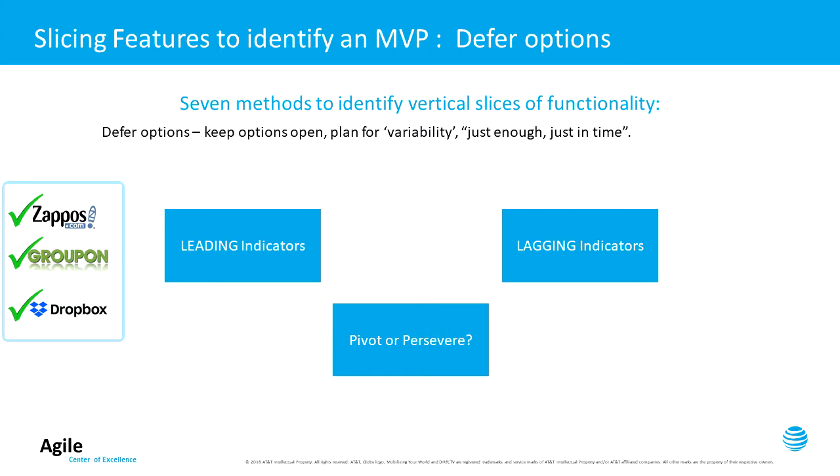From a lagging indicator perspective, Zappos needed online orders. They could post the pictures. If they were successful at being able to take pictures, their leading indicators were met. But now they needed to wait for online orders to come in. That's a lagging indicator. If no orders came in, that represented a pivot or persevere moment. From the Dropbox perspective, they also had a leading indicator, the subscriptions that piled up after the publishing of their explainer video. For Groupon, certainly they had a leading indicator of participating merchants and a lagging indicator of orders coming through.